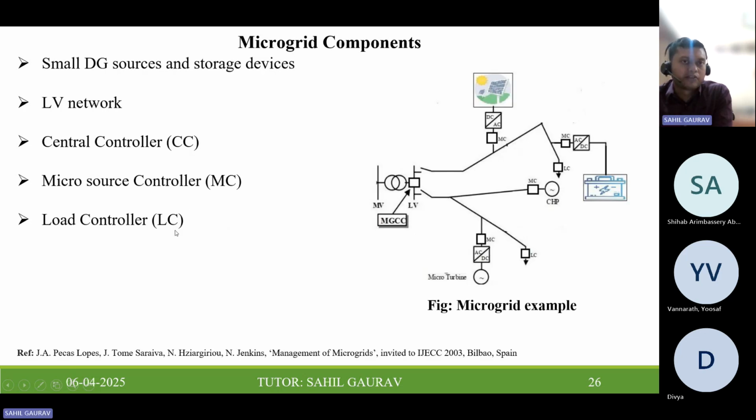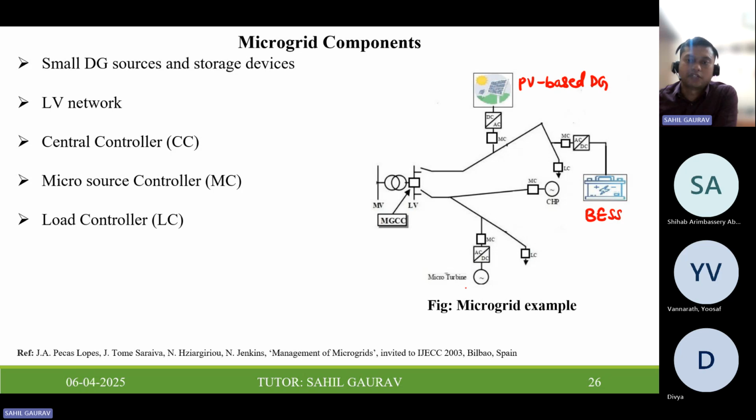Now, what are the components of microgrids? These can be small DG sources and storage devices, LV network, central controller, micro source controller, and load controller. Here you can see a microgrid example where the microgrid central controller is present, and we have PV based DG here. Then we have a battery energy storage system, which is also connected to the inverter.